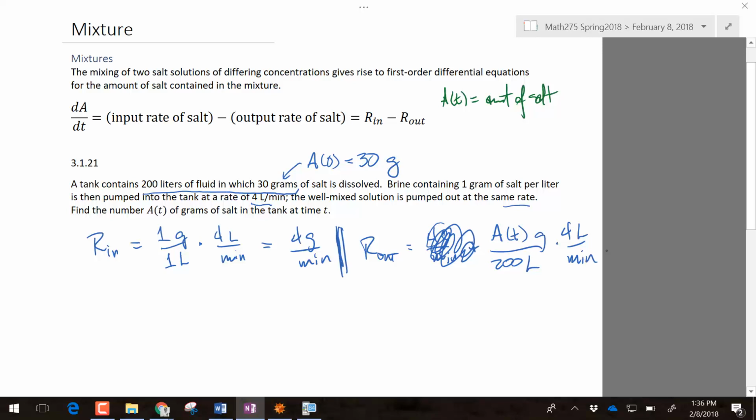Now it's in grams per minute, right? 4 into 200 is what? 25 or something? 50? Okay. So that's our out.